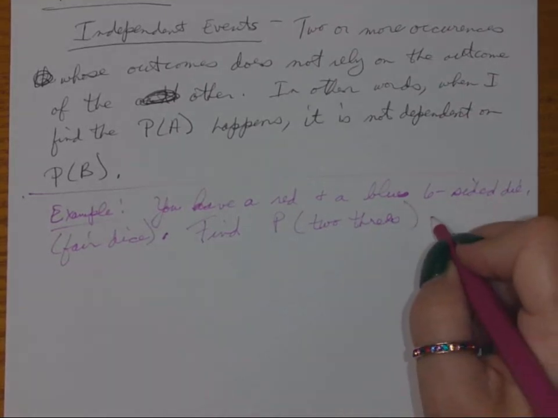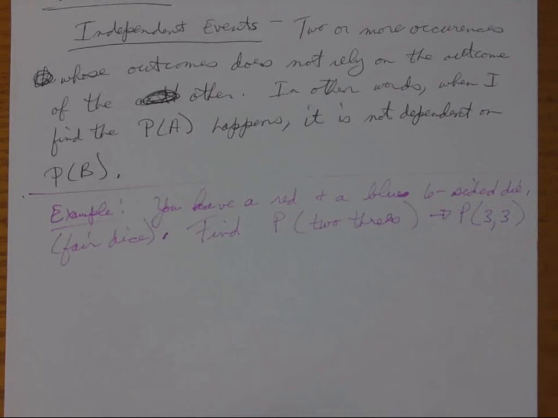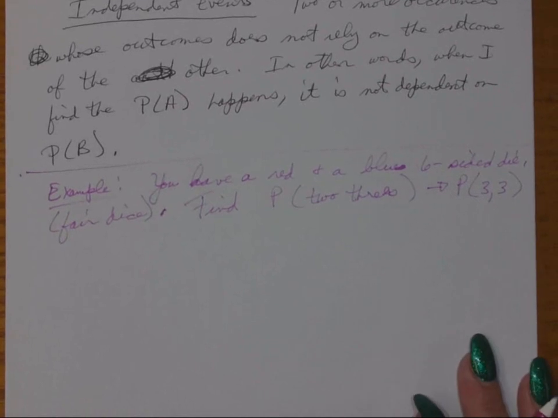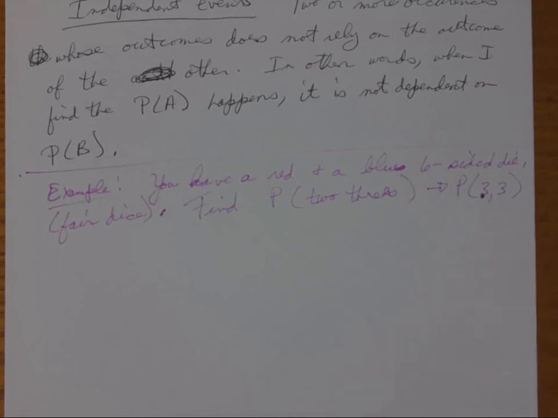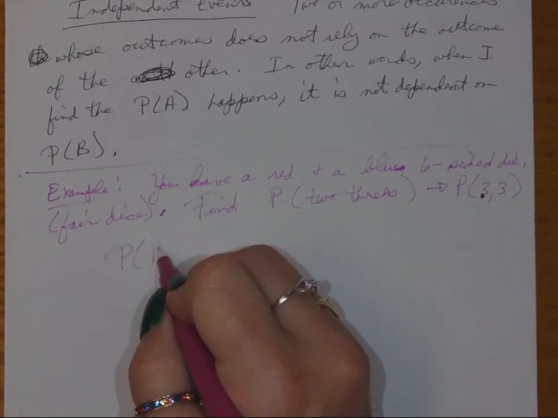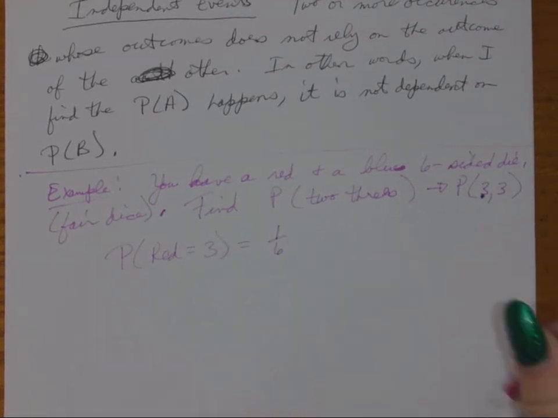Okay, so a lot of times we'll say probability that you get a 3 and then another 3. So the red die is a 3 and the blue die is a 3. Okay, well, let's think about that. What's the probability that this first die is a 3? 1 out of 6, right? Probability that the red equals a 3. 1 out of 6.